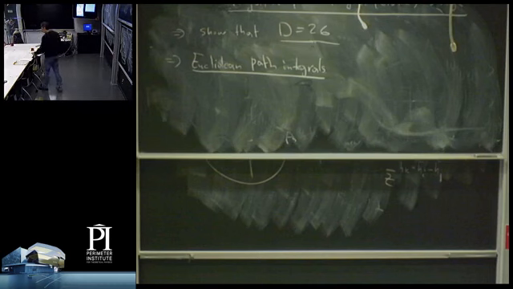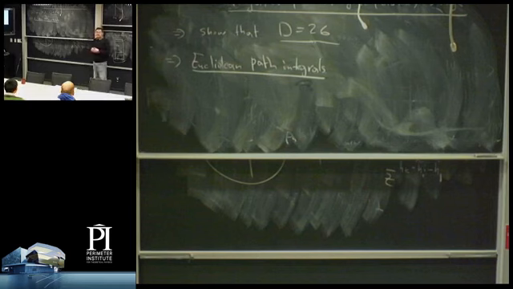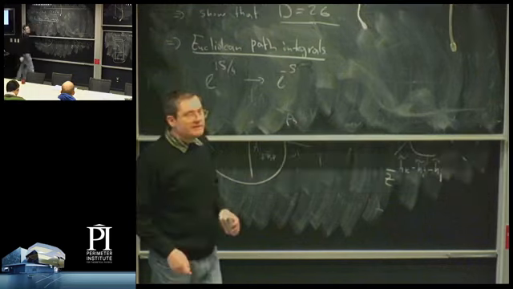The reason why you want to do Euclidean path integrals instead of Minkowski ones is that in the Minkowski one you have e to the iS over h-bar, and in the Euclidean one, you have e to the minus S.